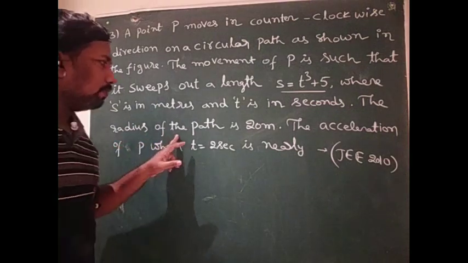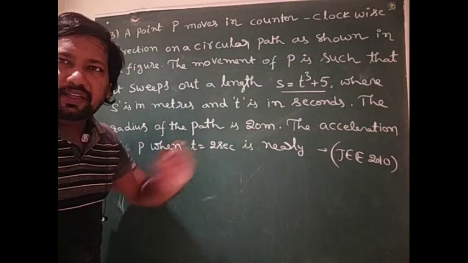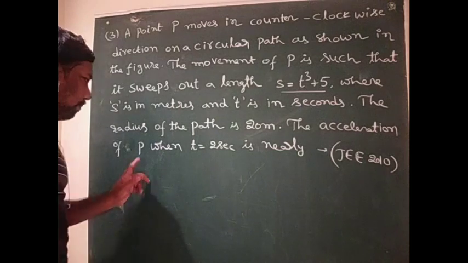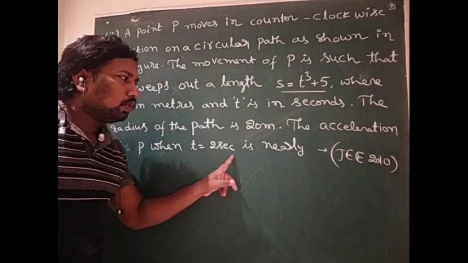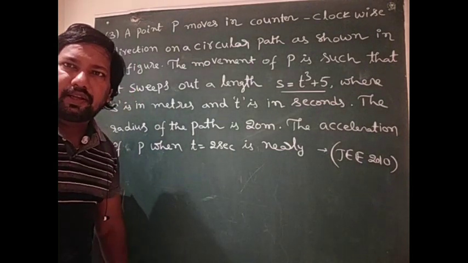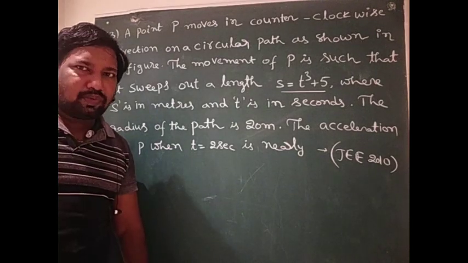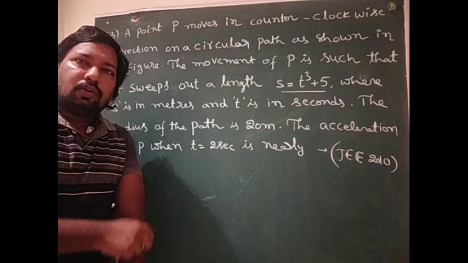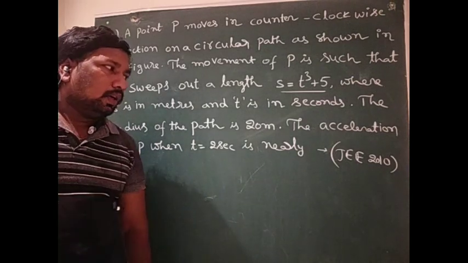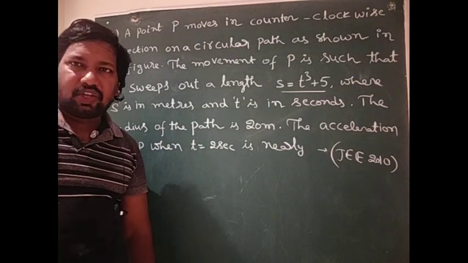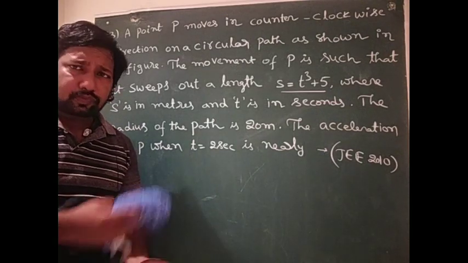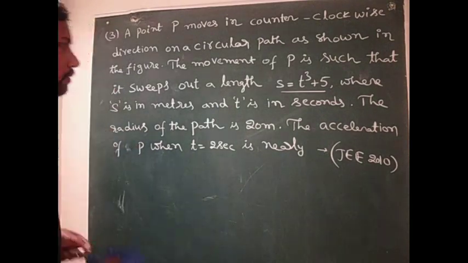The radius of the path is 20 meters. The acceleration of P when t equals 2 seconds is nearly, so we can find the net acceleration of the point P. This question was asked in 2010 JEE Mains. Now draw the diagram first of all.